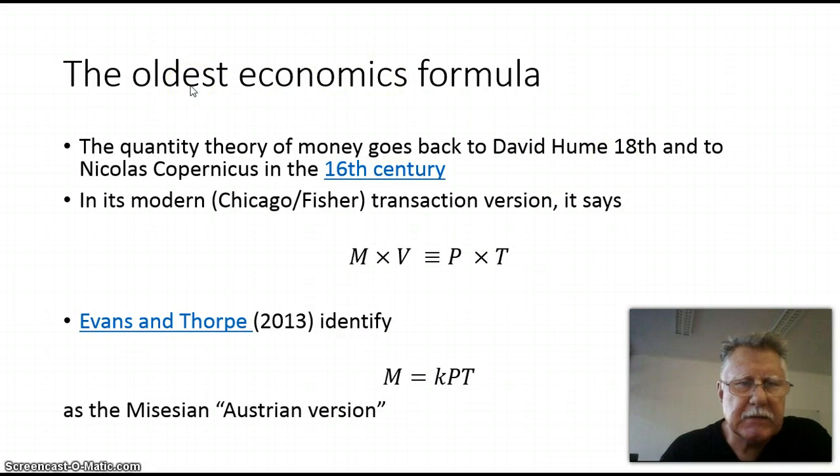The paper says novel way, but I use the oldest economics formula that exists. It goes back to David Hume in the 18th century and to Nicholas Copernicus in the 16th century, but it also has a modern version, and it was just in this past year when Evans and Thorpe provided an Austrian version of this equation.